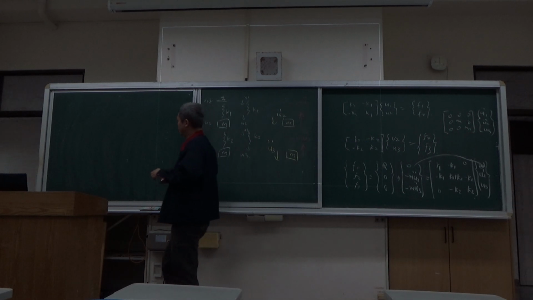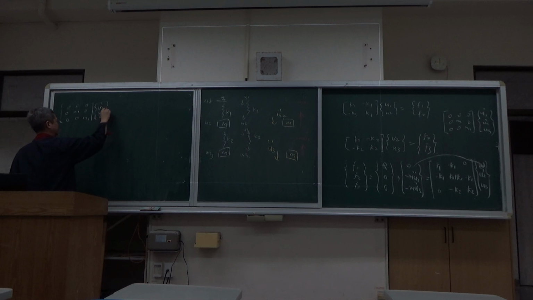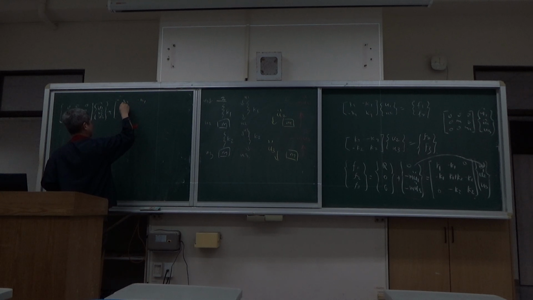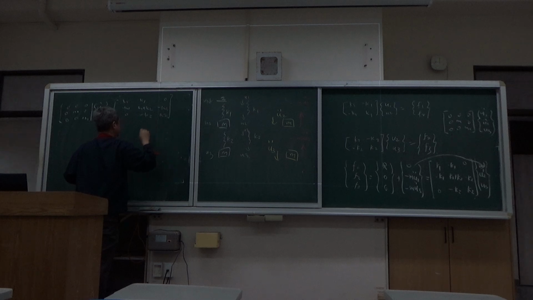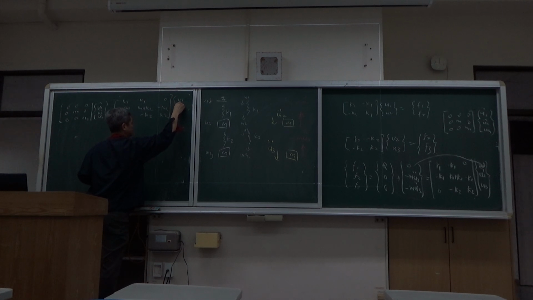So now my equations will have 0 and 0, 0, 0, 0, 0, times U1 double dot, U2 double dot, U3 double dot, plus this K1, minus K1, minus K1, K1 plus K2, minus K2, minus K2, 0, 0, K2, and then it's equal to times the U1, U2, U3.